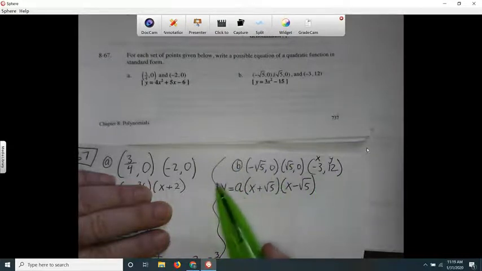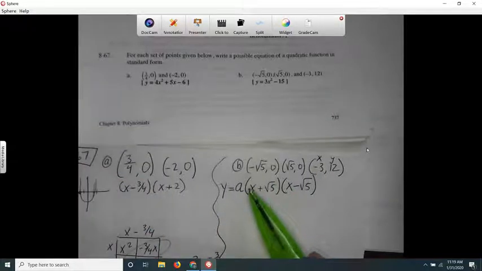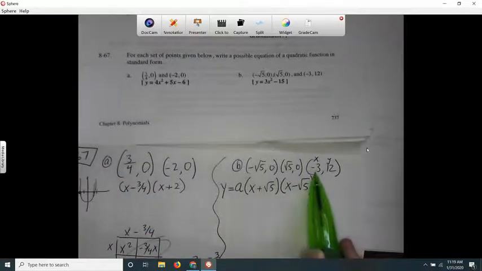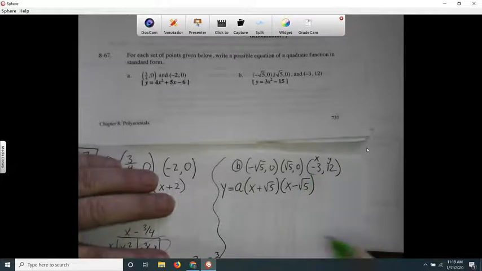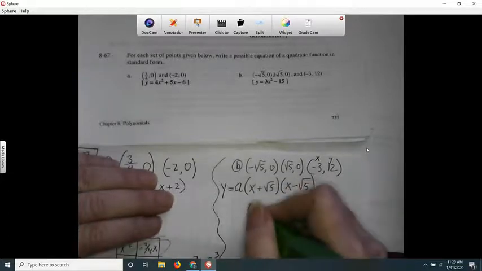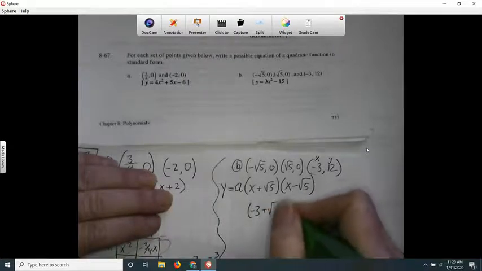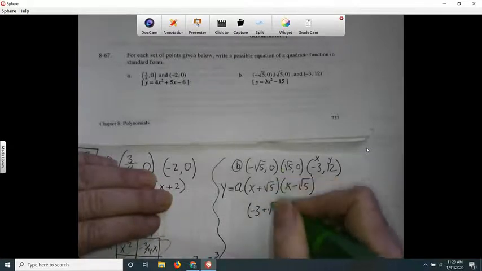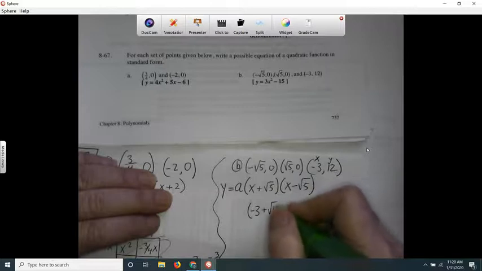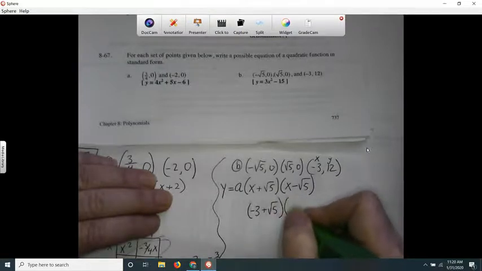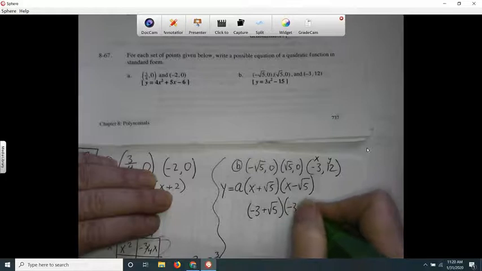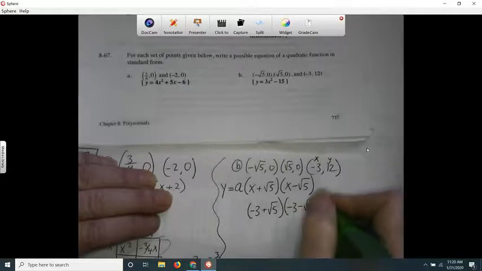So I'm going to go ahead and plug in for x. I'm going to plug in negative 3. This is going to be some hard work because we have square root 5. I don't know if we're going to end up using some decimals or what we're going to do here, but negative 3 minus square root 5.